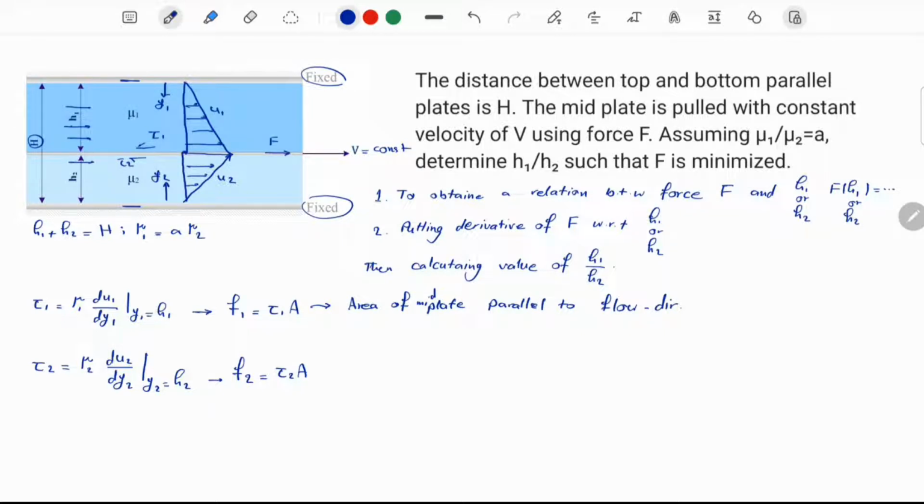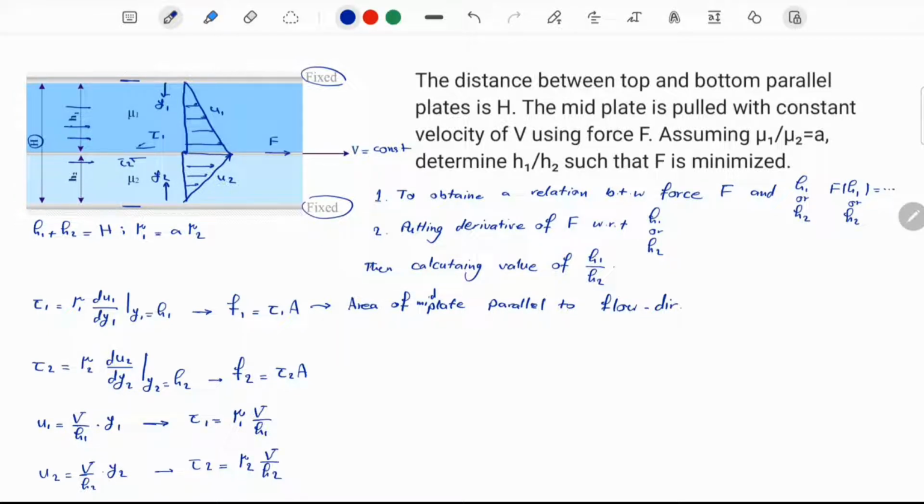Now, also from the previous session, you remember that u1 equals capital V over h1 multiplied by y1, and u2 equals V over h2 multiplied by y2. So from here, we have tau1 equals mu1 V over h1, and from here, tau2 equals mu2 V over h2.